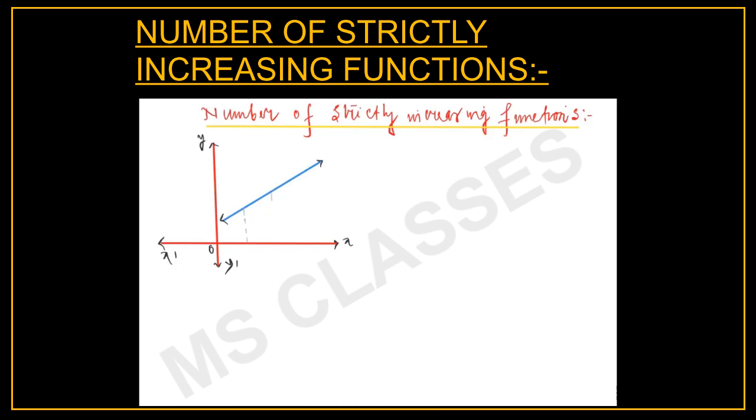any two points, suppose xk and xk plus 1, corresponding we take yk and yk plus 1. Now here, I have taken the elements in such a way that xk plus 1 is greater than xk, and then f of xk plus 1 is greater than f of xk.